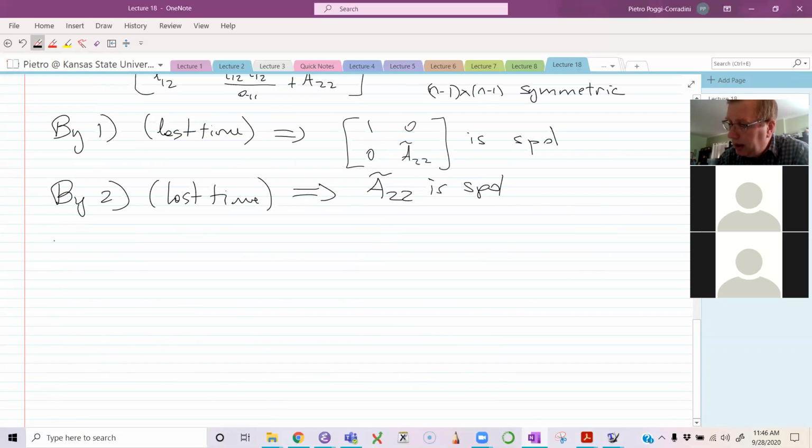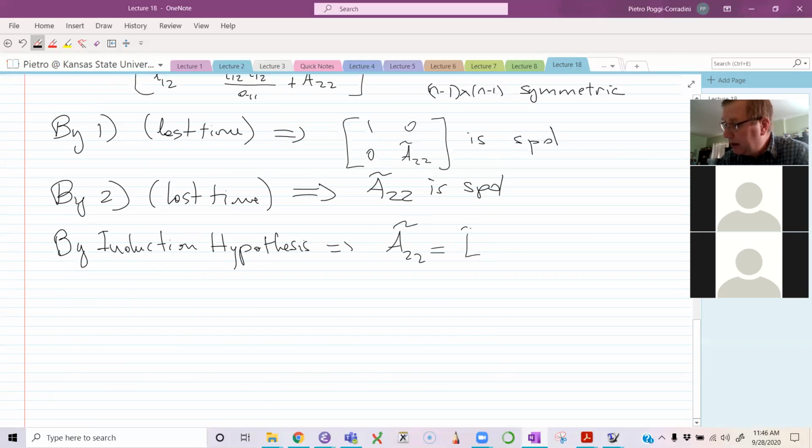So by induction hypothesis, A22 tilde is going to be L tilde L tilde transpose for some unique L tilde lower triangular with positive diagonal entries.